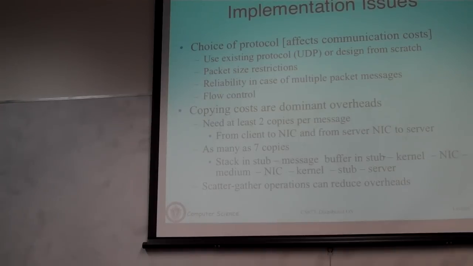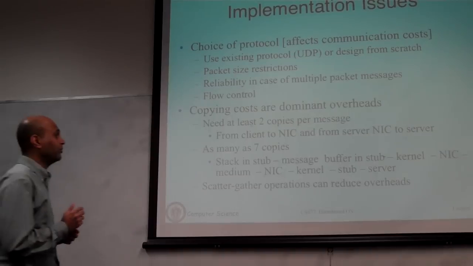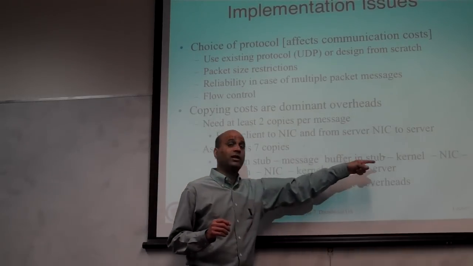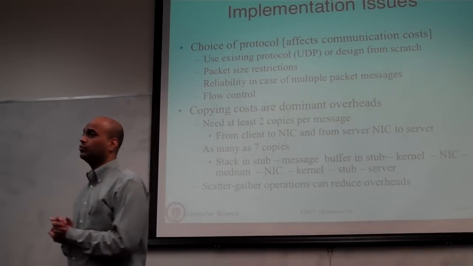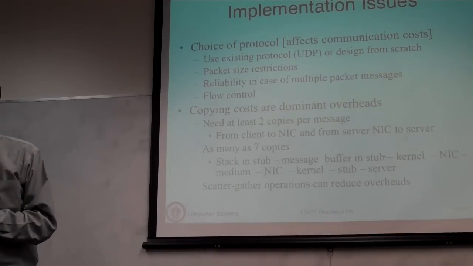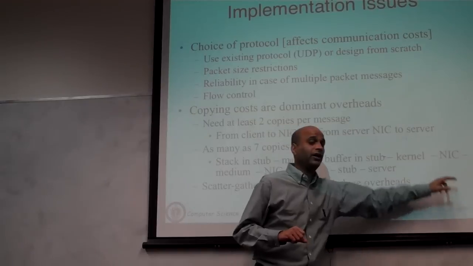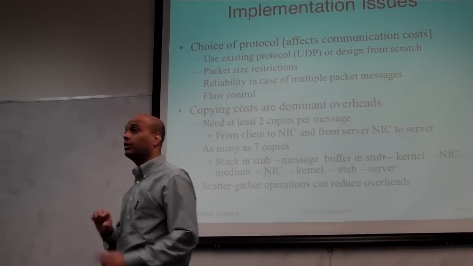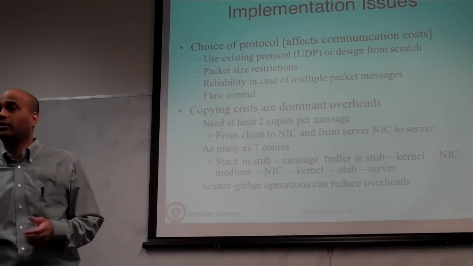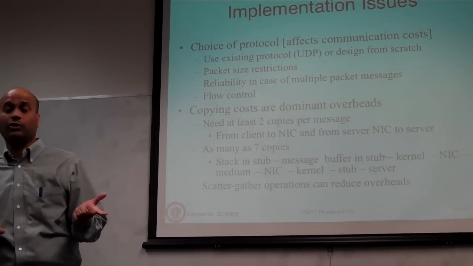That will involve copying of any arguments, if there are long arrays of structs, from the stub into the message. The message is then handed to the kernel to be sent. That's a system call. And from there it gets copied onto the buffer on the network interface card, like an Ethernet or Wi-Fi, where it's sent. So that's one more copy.